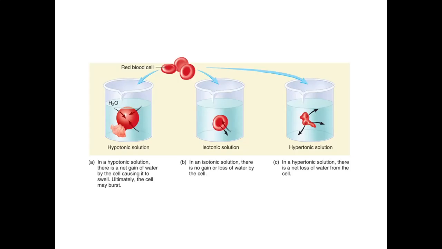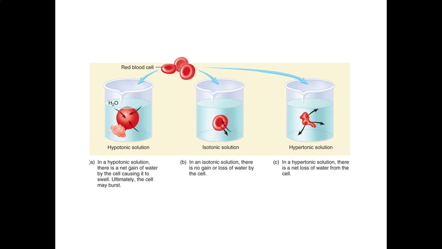So here's a picture to kind of show you what I mean. Now we're going to talk about a red blood cell. Okay? So if we drop a red blood cell into a hypotonic solution, there is going to be a net gain of water by the cell, causing it to swell.